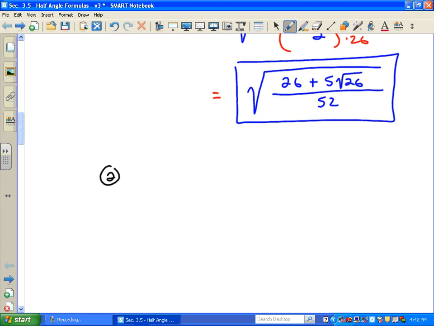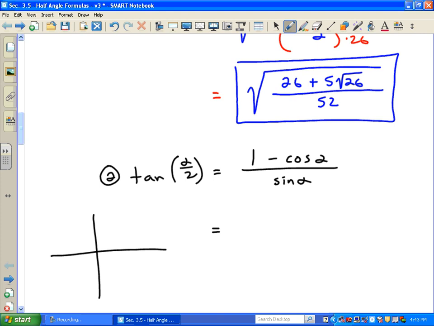We need to know the value of tangent of alpha over 2. There we have a couple of different formulas that we can use. It's sometimes nice to use one of these formulas so that you don't end up having to worry about the square root. So I'm going to choose to use that particular formula for tangent. I'm going to copy down our picture that we had up above.